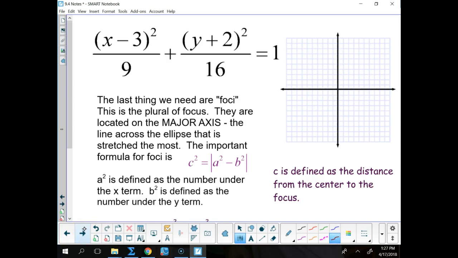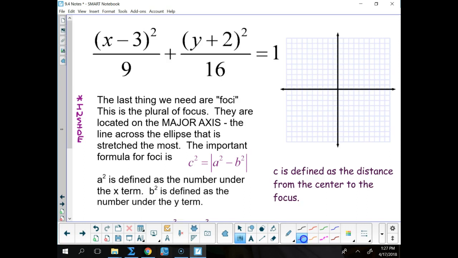Okay? And that's the last thing that we need to find. The foci are located on the major axes. They are inside the ellipse. Okay?